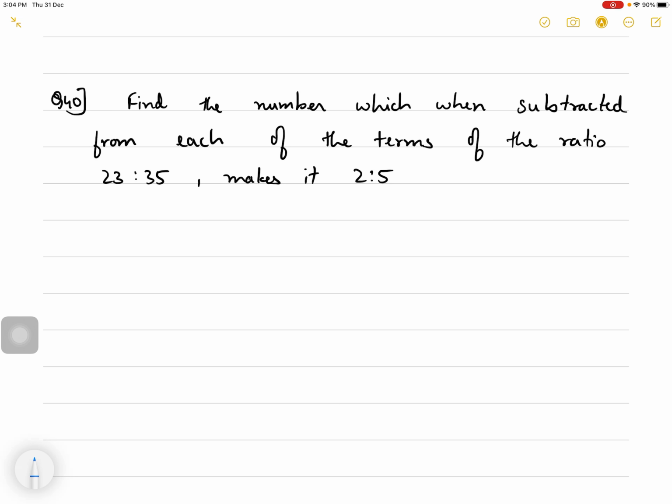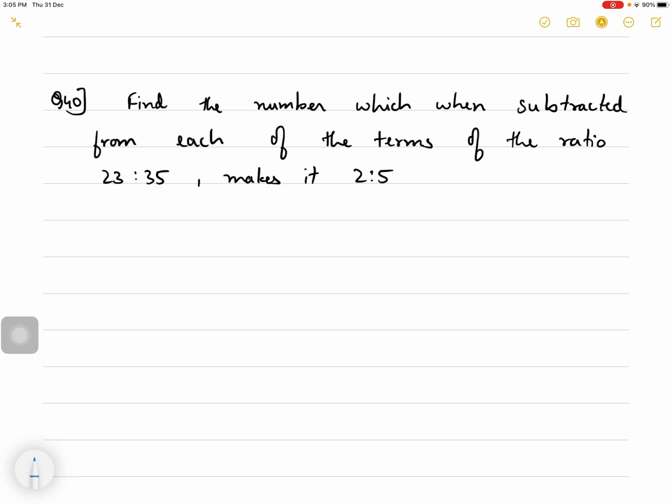Find the number which, when subtracted from each of the terms of the ratio 23 is to 35, makes it 2 is to 5. Okay, so let the number which is getting subtracted be x.